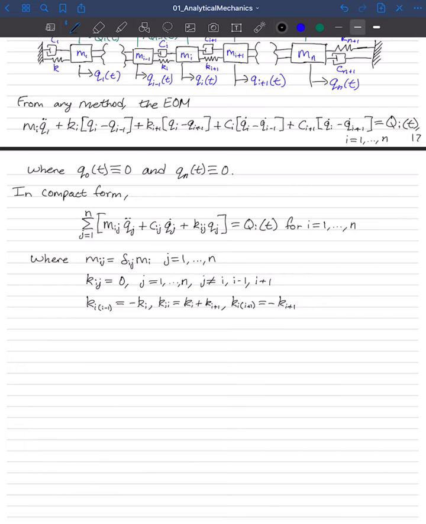The same is true for c_ij. We'll put that "for i equal to" at the end, because it's true for all of this. So then c_ij is equal to 0 for j equal to 1 all the way up to n, when j is not equal to i minus 1 or i plus 1.